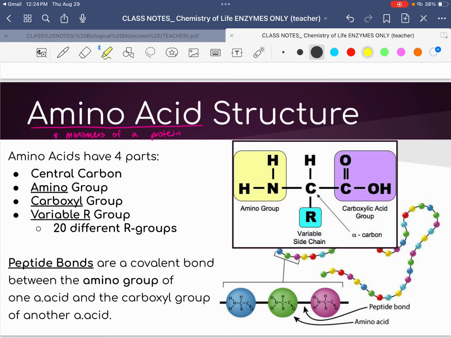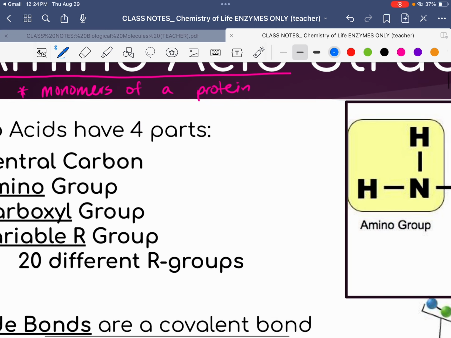So amino acids have 4 components that you need to really know. They've got the central carbon, they've got an amino group, they've got a carboxyl group, and they have a variable R group. So the central carbon is sometimes also called the alpha carbon.